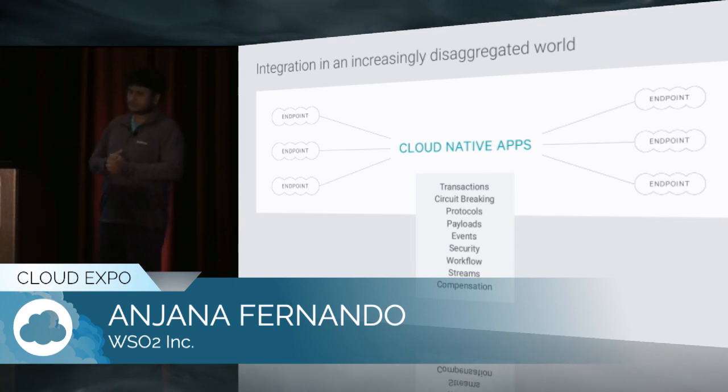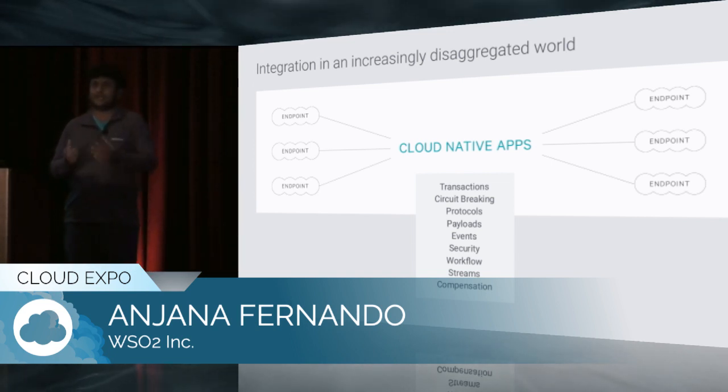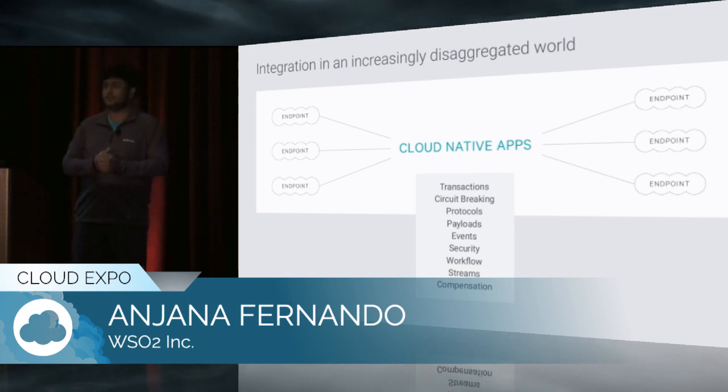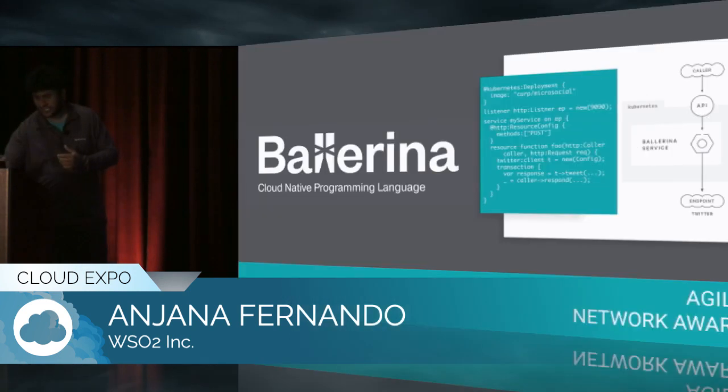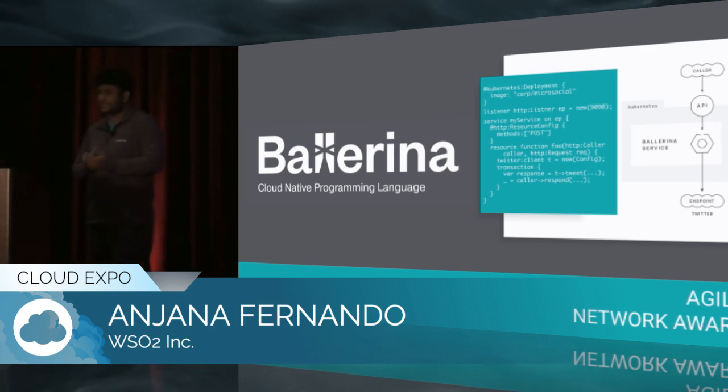So we were looking at, okay, how do we improve this experience? We had to make that experience of doing the integration with code more productive. That's where we came up with Ballerina. Ballerina is an agile, network-aware programming language.